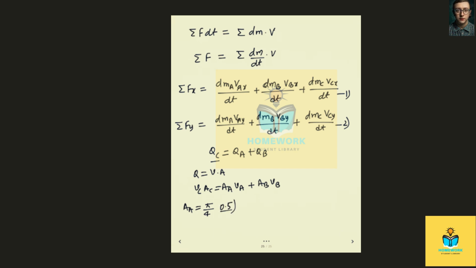So we can write pi by 4 multiplied by 0.5 square, which equals 0.19625 inch square, that equals 1.3628 multiplied by 10 to the power minus 3 feet square. Similarly, Ab equals pi by 4 and diameter is 0.5 again, so we get 1.3628 multiplied by 10 to the power minus 3 feet square.